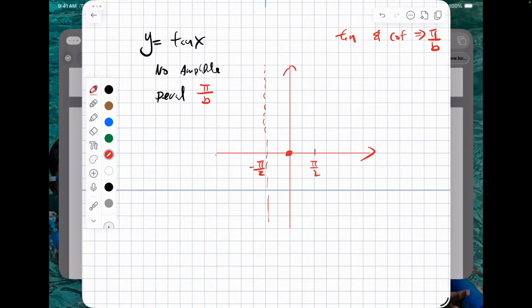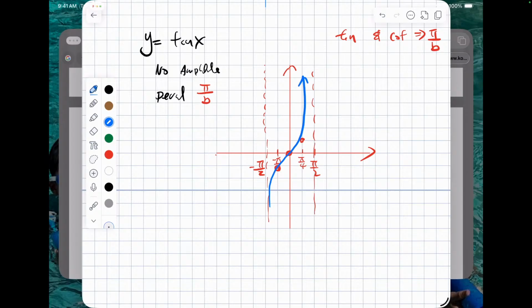Tangent of 0 is going to be 0. What is tangent of pi over 4? 1. What's tangent of negative pi over 4? Negative 1, right? So this is going to be like this. Is that okay?